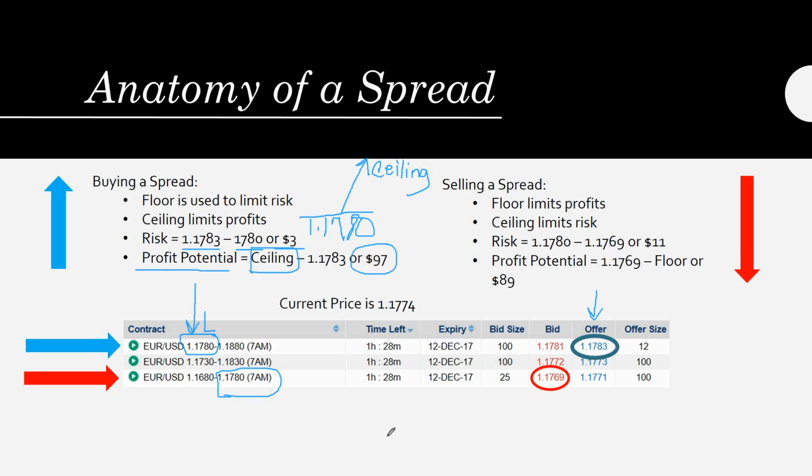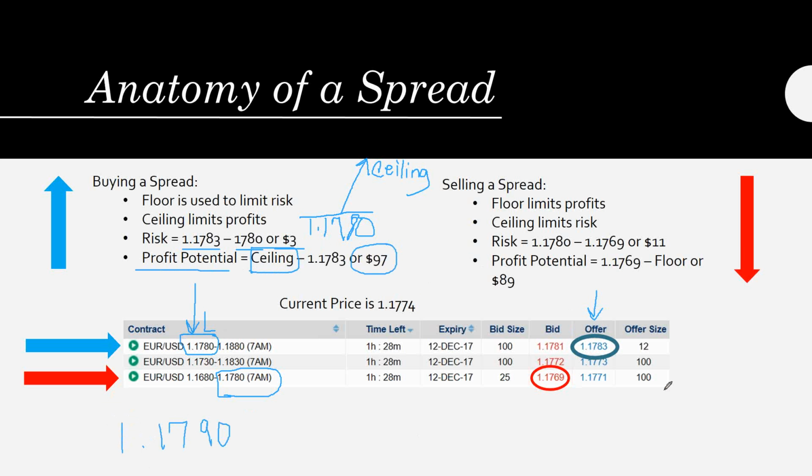Now, notice that I said potential profit, okay? How is it actually calculated? At expiration, let's say that the expiration price is at 1.1790, okay?